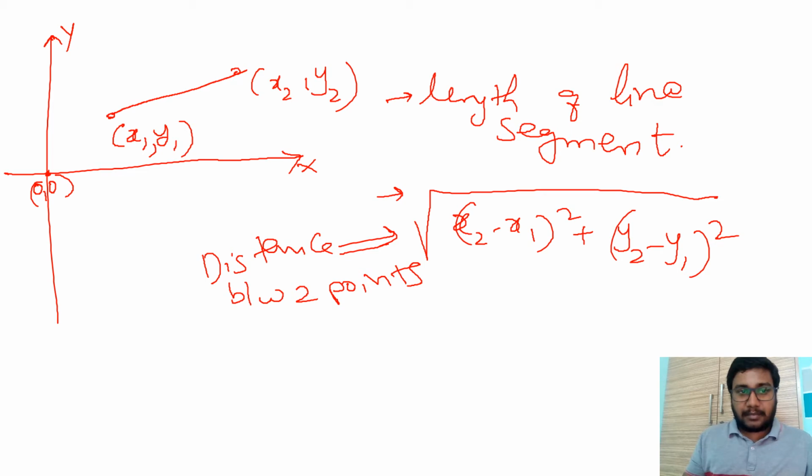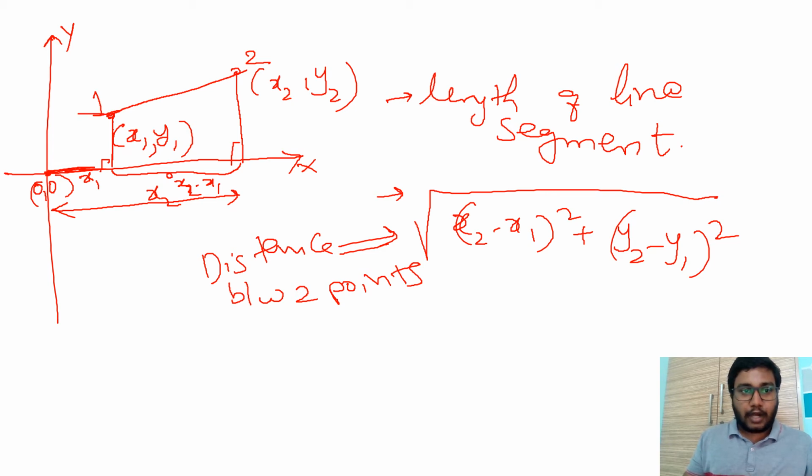If we drop a perpendicular onto the x-axis, the distance covered on the x-axis will be x1. Similarly, if we drop a perpendicular onto the x-axis from point 2, the distance covered from the origin will be x2. So the difference in distance between these 2 points is x2 minus x1.